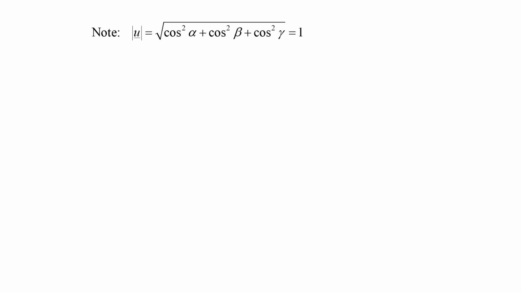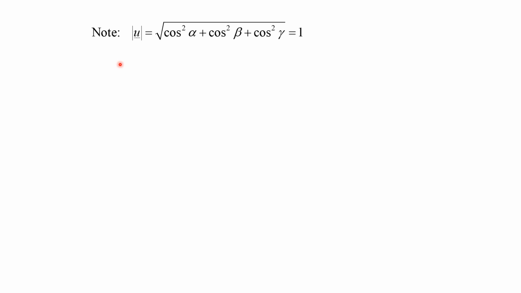You also have to take note that your vector u, the unit vector just now, obviously has a magnitude of 1. And how do you calculate the magnitude? Each component is squared, cos alpha, cos beta, cos gamma, that is u1, u2, u3 squared, and then added up and you find the root of it.